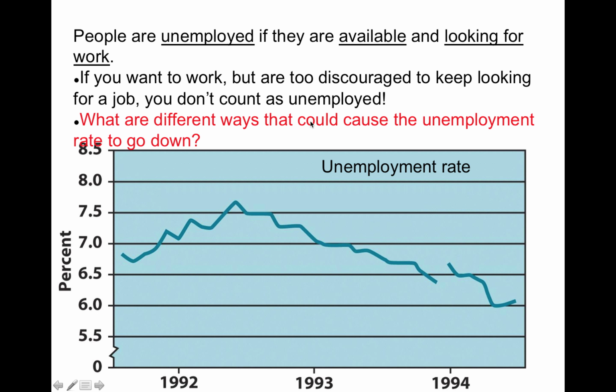So what are some different ways that could cause the unemployment rate to go down? Well, if people drop out of the workforce because they stop looking for a job, the unemployment rate goes down. Now, in 1994, the government changed the definition, and the unemployment rate actually went up, but realistically nothing changed, just the definition.